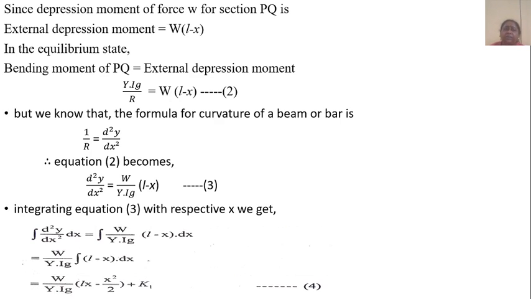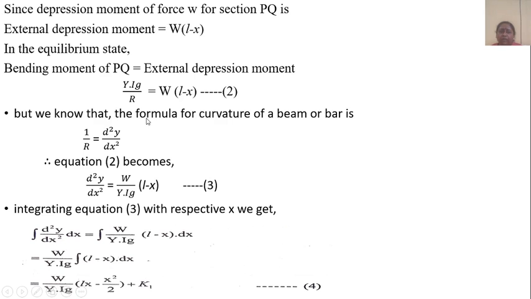Now the external depression moment of force W for section PQ is given by W into (L minus x). In the equilibrium state, the bending moment of PQ equals the external depression moment. So the bending moment of PQ is Y into Ig upon R, and the external depression moment is W into (L minus x).